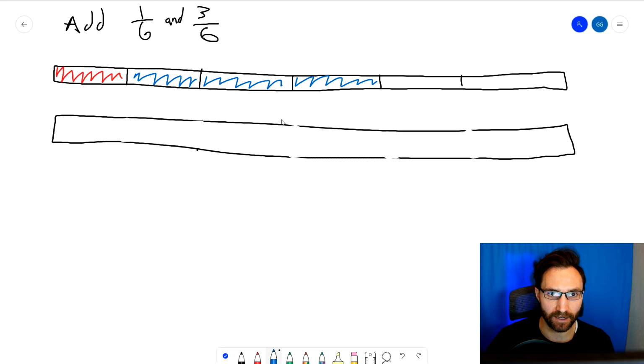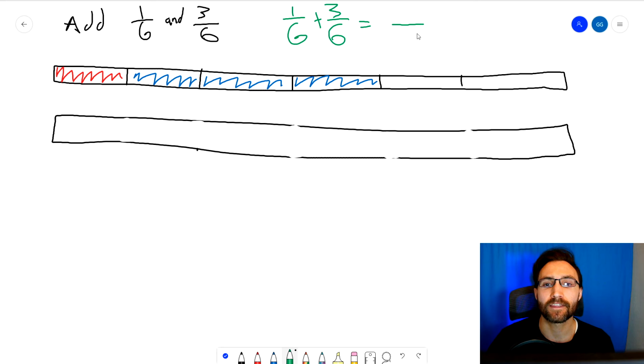So if we were to add 1/6 plus 3/6, what is that? The denominator stays the same, and we are adding 1 plus 3, which equals 4. Now we got 4/6. 1, 2, 3, 4. 4 out of the 6, 4/6.